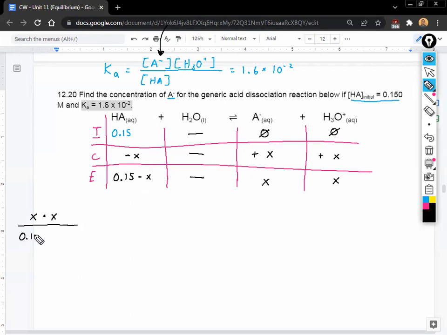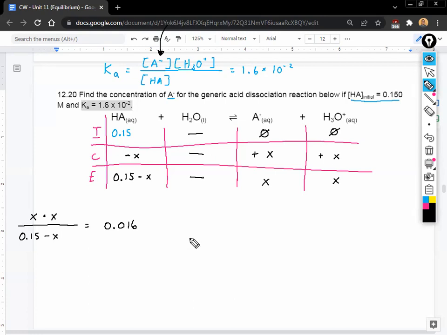Yeah, 0.15 minus X. And this is all equal to the Ka value, which is 1.6 times 10 to the negative 2. I don't want to write scientific notation, so I'm going to change it to 0.016.